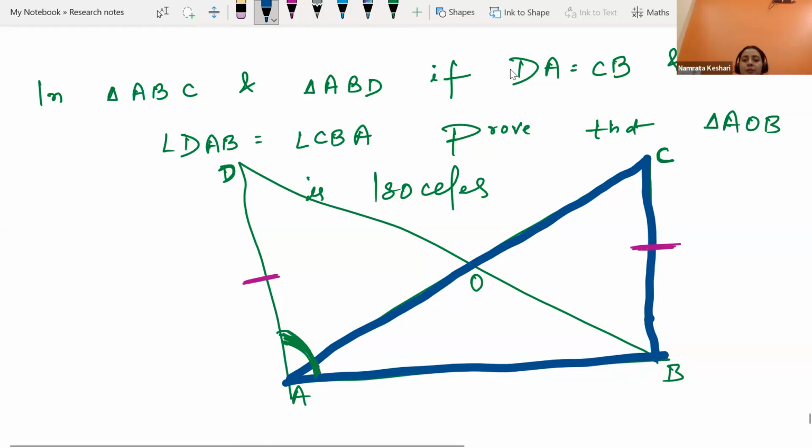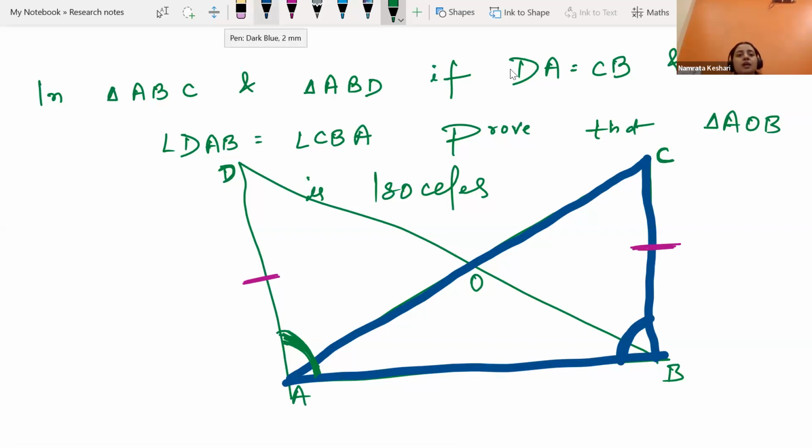CBA means this complete blue angle. Okay, prove that triangle AOB is isosceles. We have to show that triangle AOB, the smaller one you can see clearly in the figure, is an isosceles triangle. That's what we have to show.